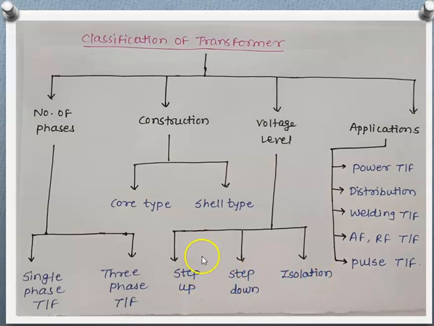Step up means increase in voltage, step down means decrease in voltage, and isolation means it only provides isolation from one circuit to another without increasing or decreasing the voltage. According to application, we have power transformer, distribution transformer, welding transformer for welding process, audio frequency and radio frequency transformers, and pulse transformer. These are the various types of transformer we have.